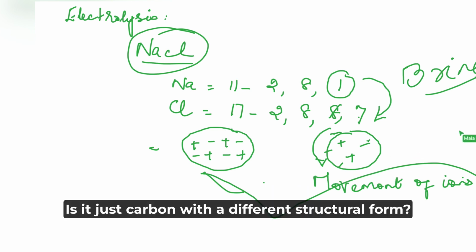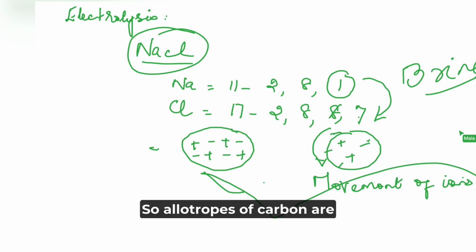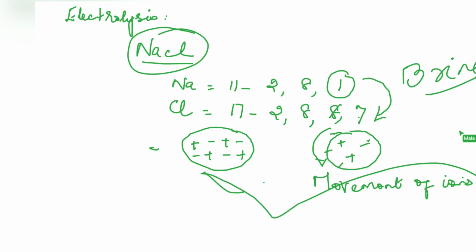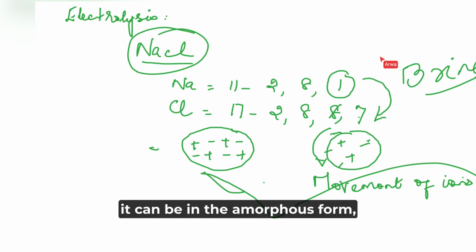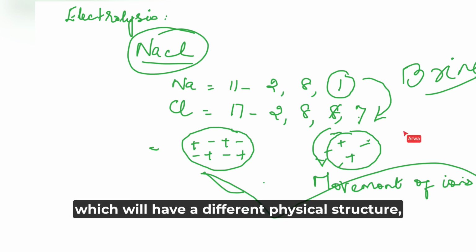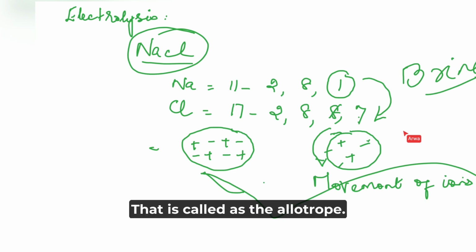Is it just carbon with a different structural form? Yes. So allotropes of carbon are in different forms. It can be in the crystalline form, it can be in the amorphous form, it can be in the fullerene form. So it can be in different forms which will have a different physical structure, but the chemical property will be the same. That is called the allotrope. That is the definition for allotrope.